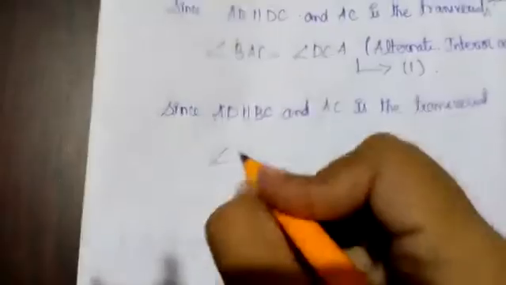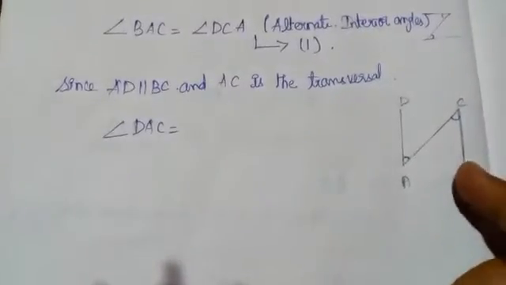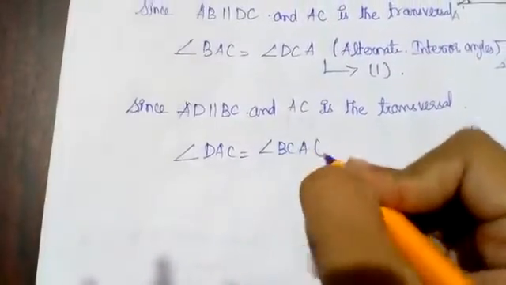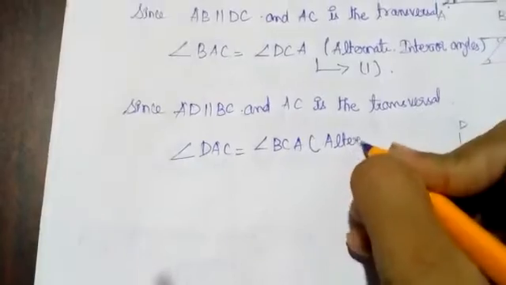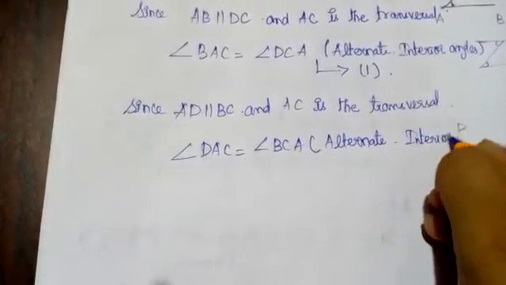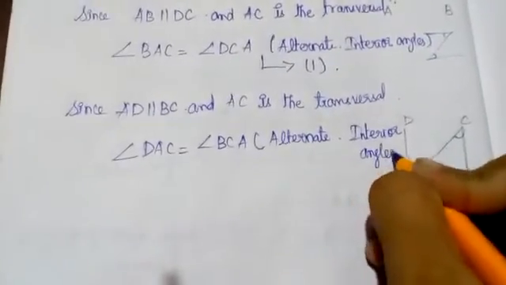So you can write it, angle DAC is equal to angle BCA. Why? Because they are alternate interior angles.